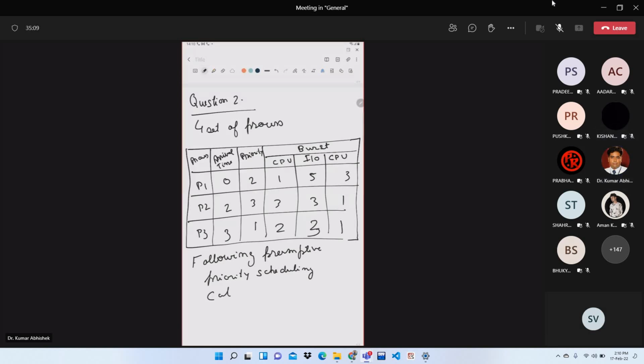Calculate average waiting time. So, lower value represents the higher priority. Solve this one.